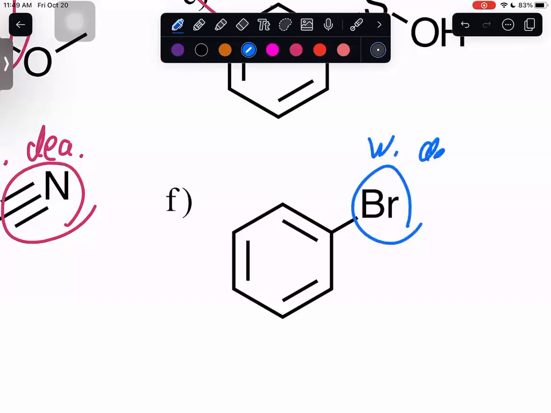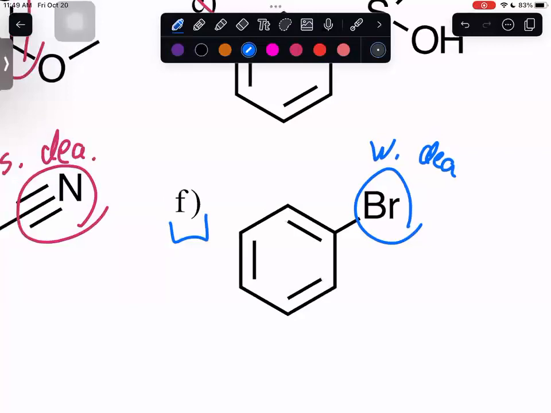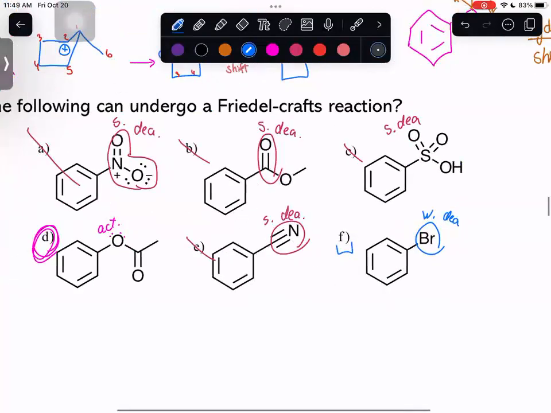It's a weak deactivator. So technically, this guy can undergo Friedel-Crafts reactions as well. So we have practically two answer choices, but which one is going to be the best one? D or F? D. Exactly. You're going to prefer to have an activator over a deactivator, even if it's weak.